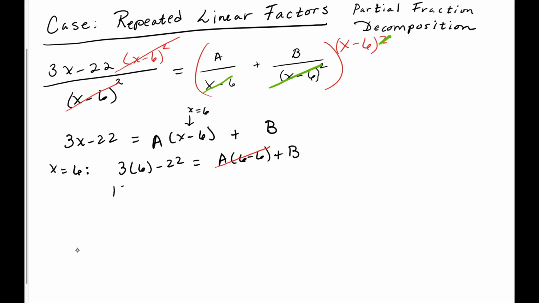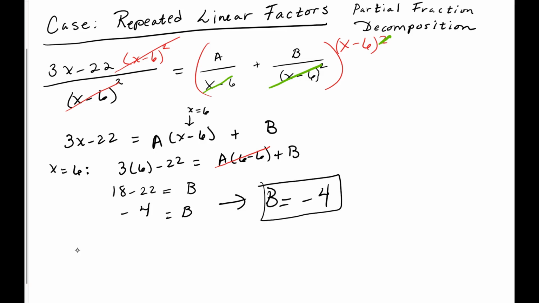So then we have 18 minus 22 equals B, and then negative 4 equals B. So B equals negative 4. Okay, so we've found our B value.